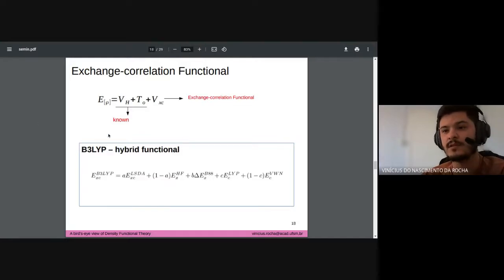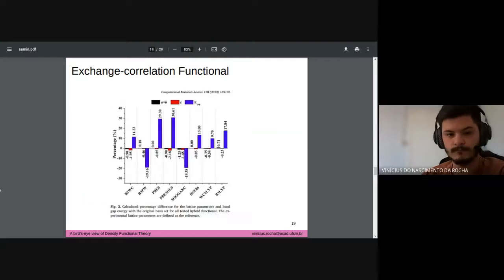For example, the B3LYP functional is a hybrid functional. So for the construction of this potential, we use a combination of the GGA and LDA functionals plus the exact exchange term of Hartree-Fock. In this work, for example, the authors show the percentage difference for various functionals in the band energy calculations compared to the experimental.